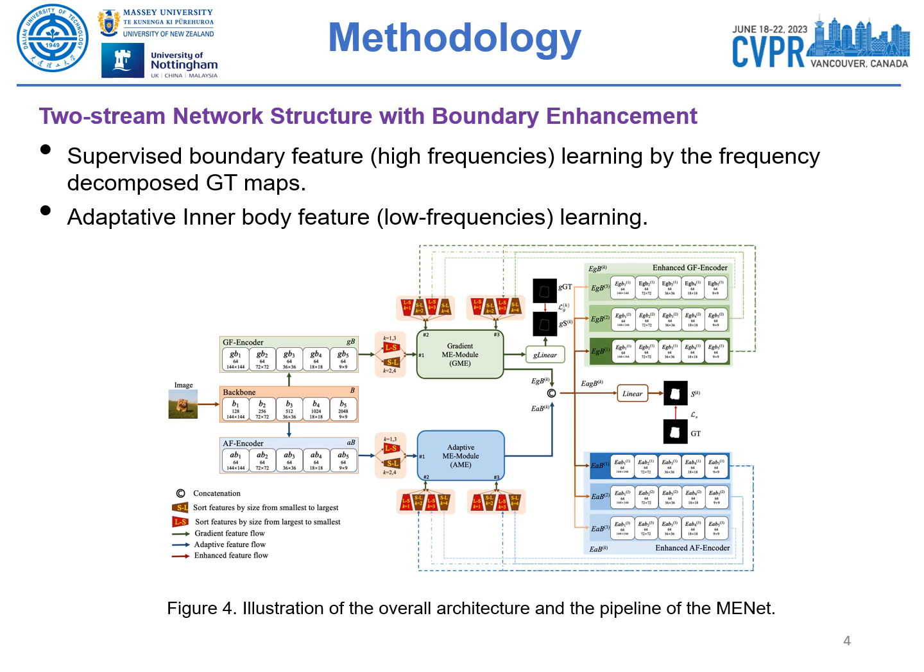The gradient ME modules are supervised by the frequency decomposed GT map to enhance boundary accuracy, in other words, high frequencies, while the other branch adaptively learns inner body features, low frequencies.